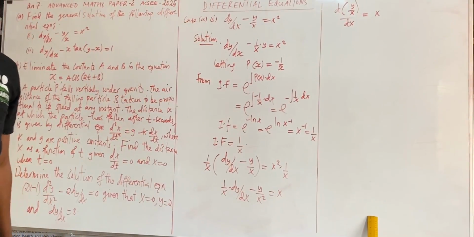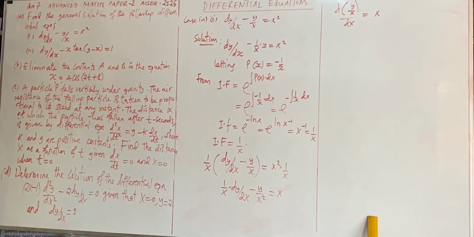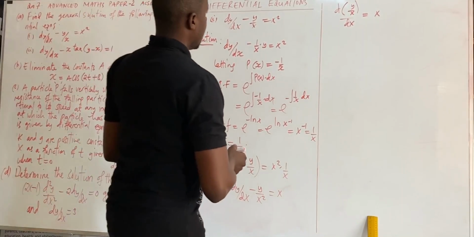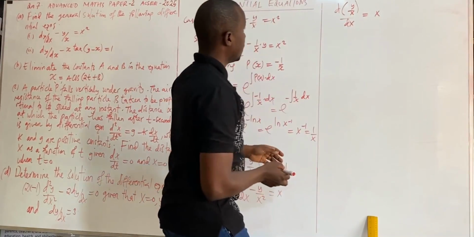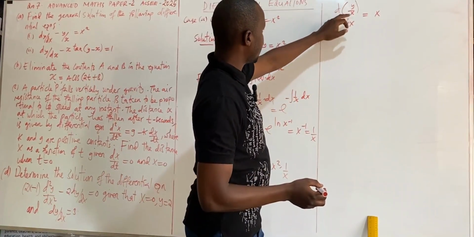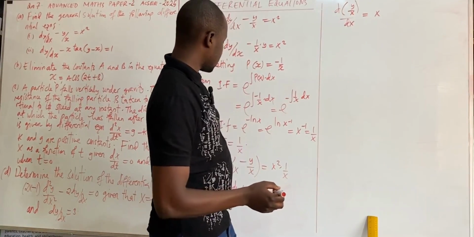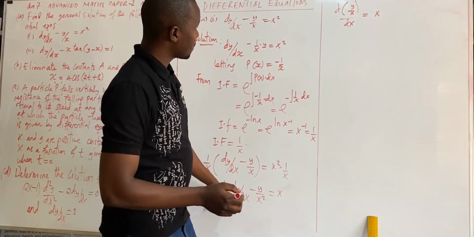Up to that point, because here you kept constant 1 over x and differentiated y, that's why you remained with dy dx.